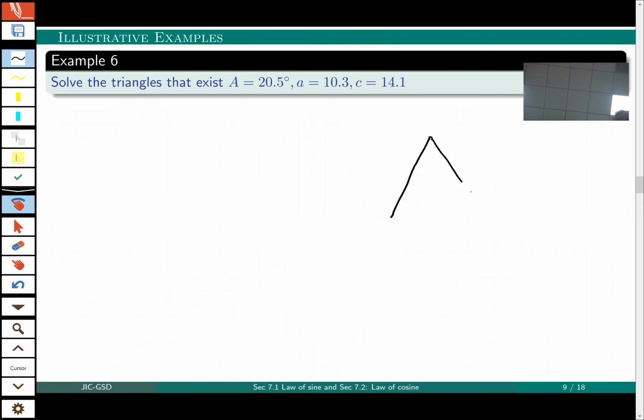Similarly here, I have a triangle. Given to me A is 20.5 degrees, and the opposite of A is 10.3. B is not given. C is not given, but the opposite of C is 14.1.